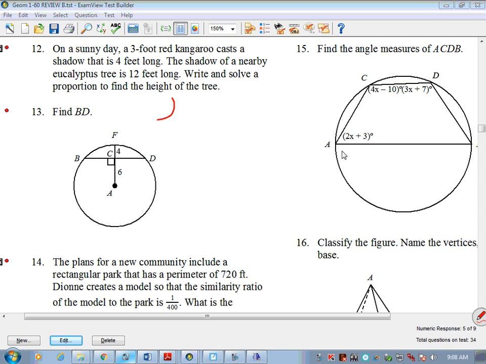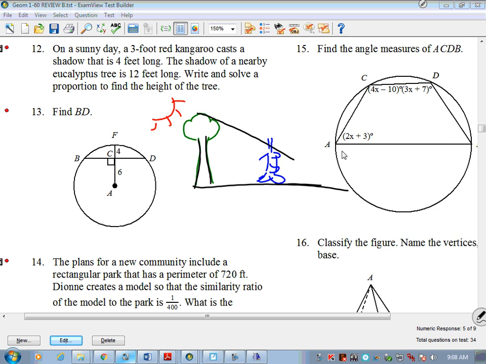Okay, if we've got our sunshine in here, and we've got our tree here, and we have our little kangaroo, and we've got these shadows coming across, we should end up with these similar triangles.